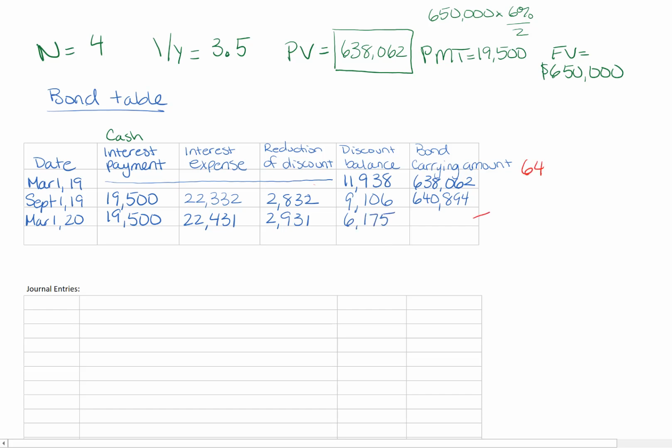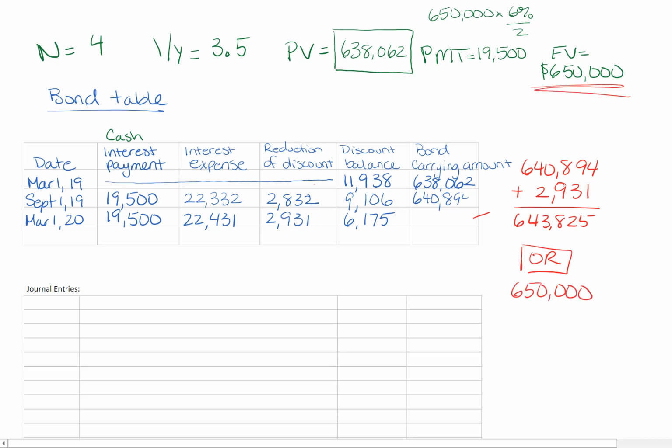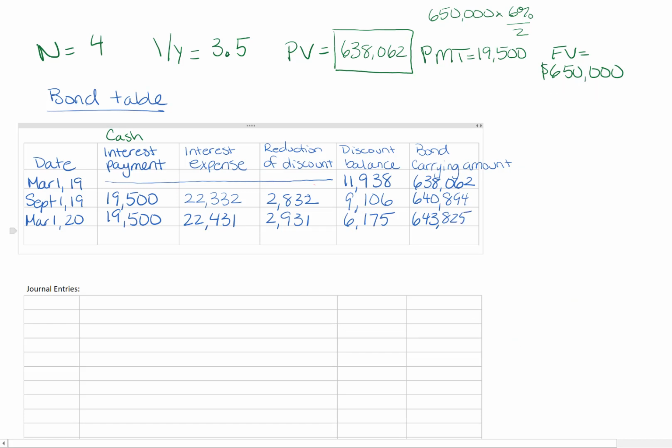Our new bond carrying amount can be calculated by taking the old carrying amount of $640,894 and adding in the reduction of the discount of $2,931, or again, you can take $650,000 and subtract the discount balance of $6,175. Either way gives you the same number, $643,825. And I've realized that I need one more line or else this table isn't going to work, so I'm just going to add in another line to my table.